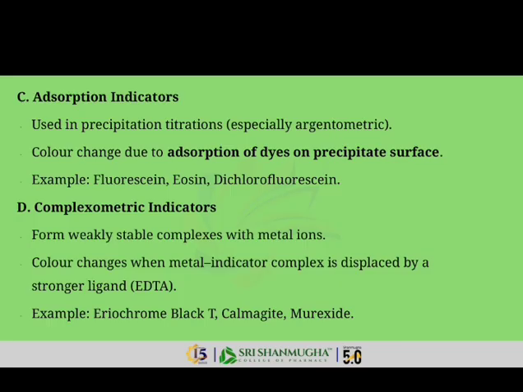Next, complexometric indicators form weakly stable complexes with metal ions. Their color changes when the metal indicator complex is displaced by a stronger ligand. Example, with EDTA: Eriochrome black T, calmagite.